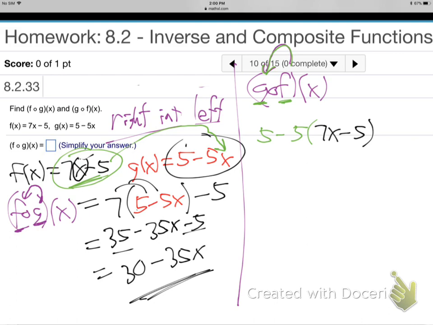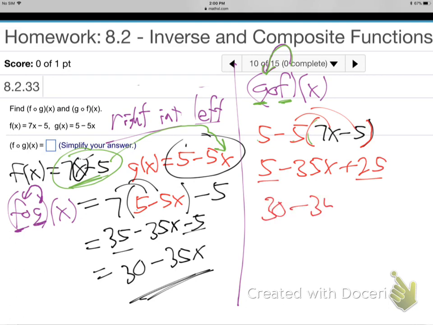It's the same thing. Is that good? And so then we distribute. You can't go 5 minus 5 is 0 out there. Remember, the multiplication has to happen first. Minus 35x plus 25. My 5s look funny. Plus 5 is 30. So 25 and 5 is 30.